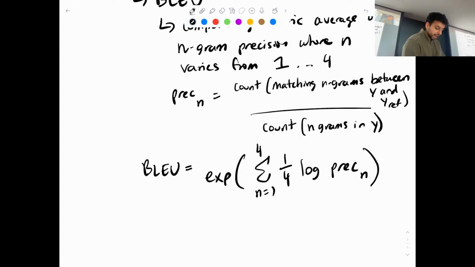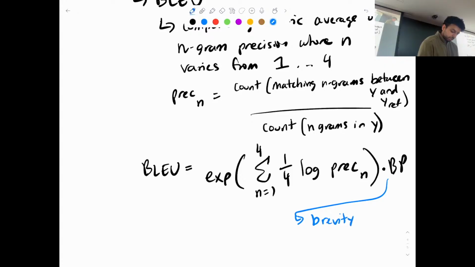BLEU additionally has a final multiplication with something called the brevity penalty. This is because we want to penalize translations that are too short. If you have a very short translation that just happens to contain one of the phrases that is in the reference, you might get a very high n-gram precision.